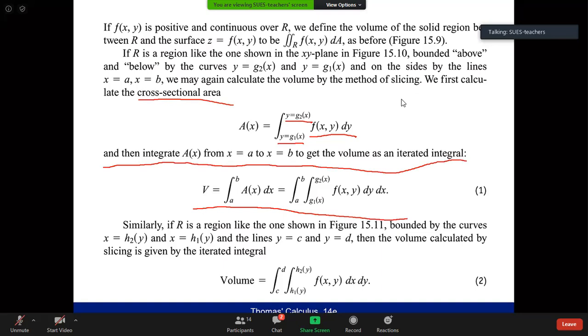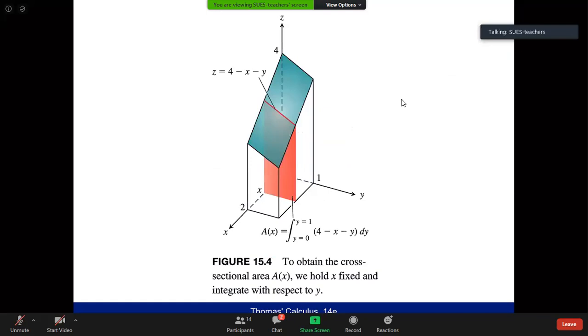So let's look at this part. Previously, in this integral, we knew the region of integration was a rectangle.